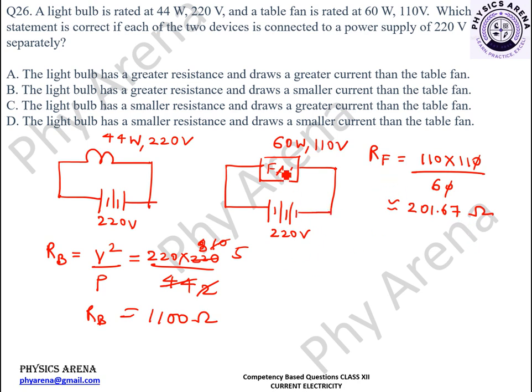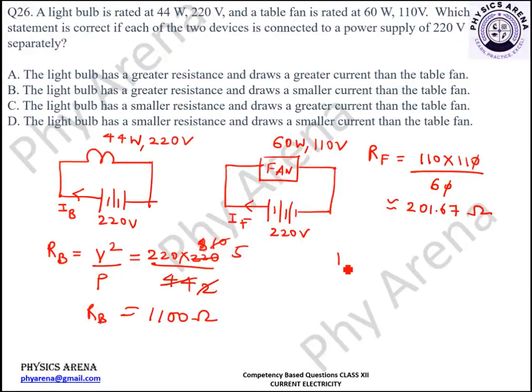Now we also need to find out the current drawn by the bulb and the fan when they are connected to the 220 volt supply. So IB is the current drawn by the bulb and IF is the current drawn by the fan. We can find it with the formula I is equal to V upon R. For the bulb, the voltage across the bulb is 220 volt, and the resistance of the bulb is 1100.